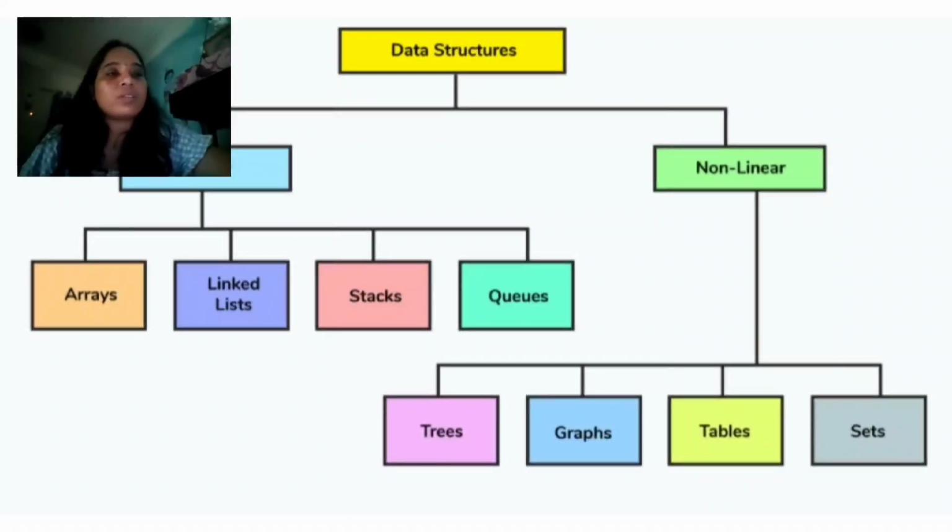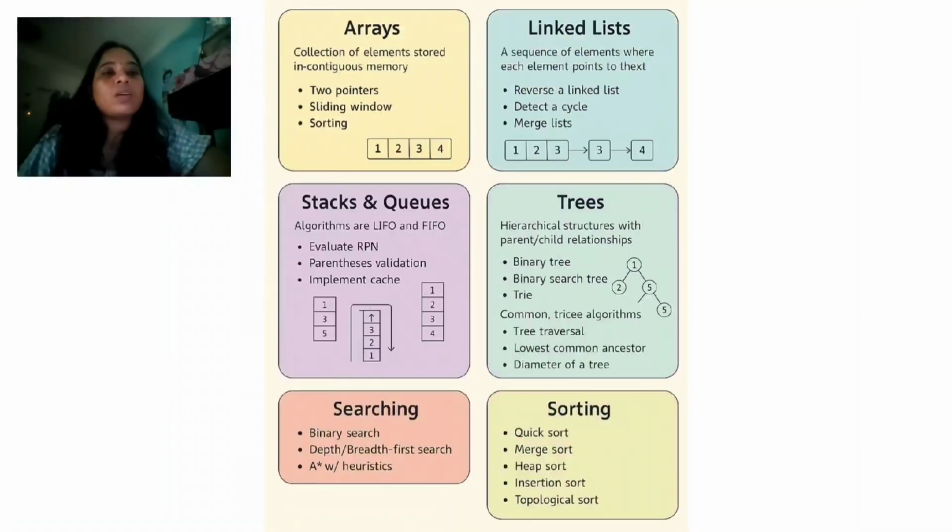Next, in data structures, if you are taking linear, we can apply arrays, stacks and queues concept, and searching technology. If I take non-linear, we can apply trees, graphs, tables, and sets. Trees means we can see it like this, searching.